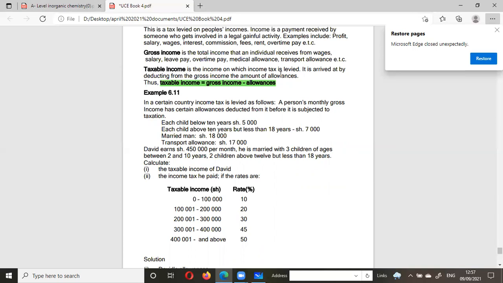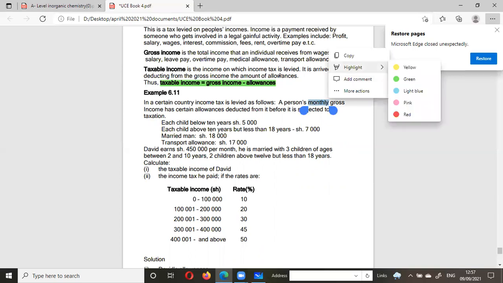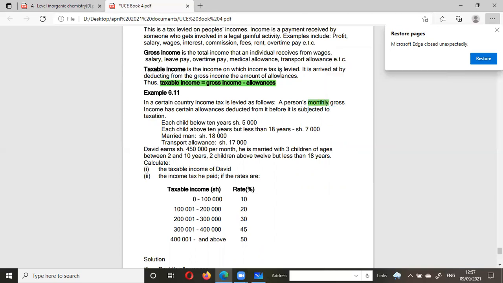It can be either Uganda or Kenya or Rwanda, depends. So a person's monthly gross income. When I say monthly, it means he earns per month. So he's paid per month. Monthly gross income.